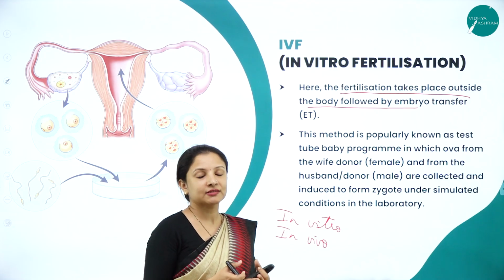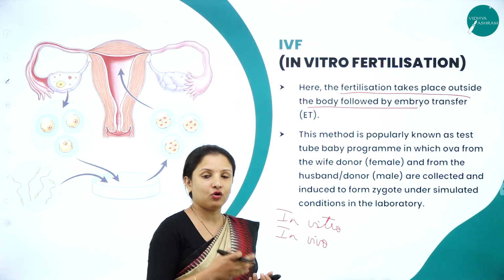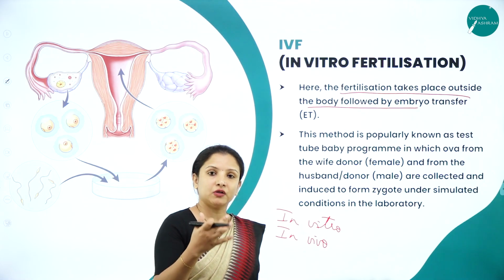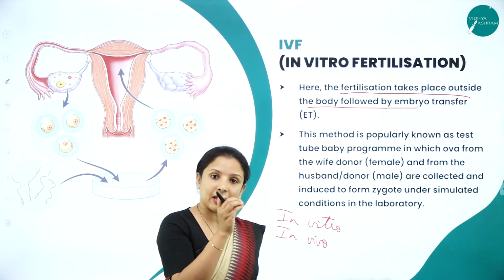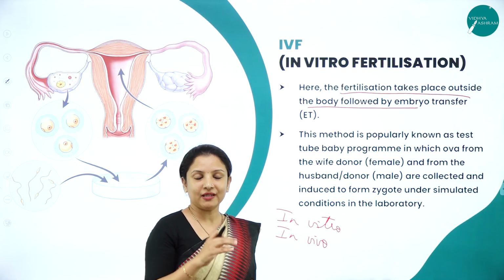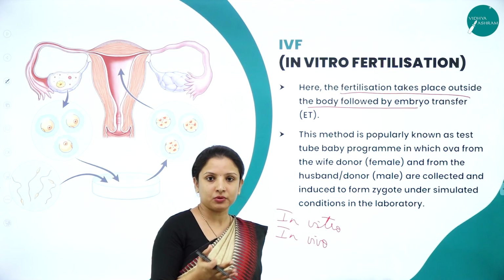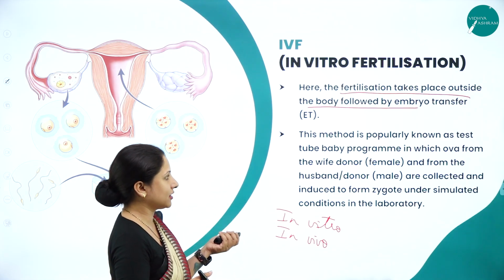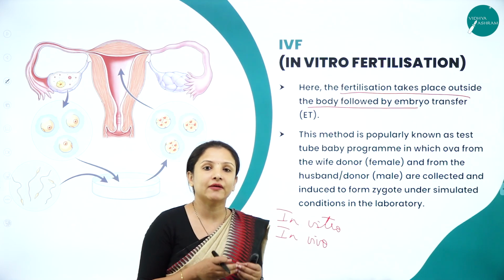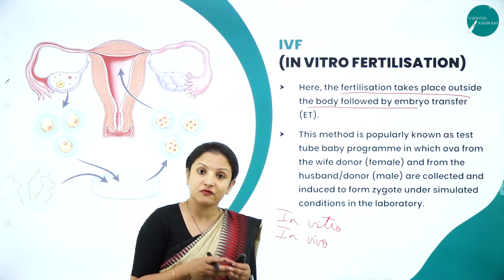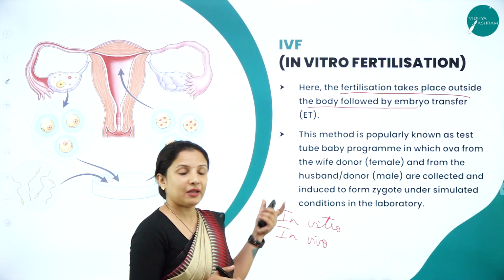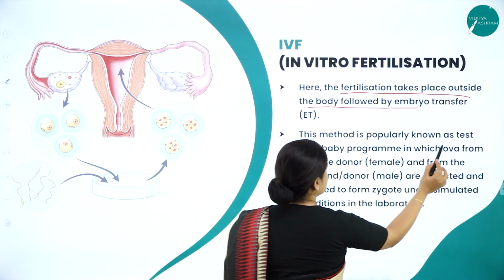Once it develops into the zygote, that zygote is inserted into the uterus of the female, and we know that the zygote will go there and embed in the endometrium wall of the uterus, and the development of the fetus will start there. So that is in vitro fertilization. Because the fertilization and the formation of the embryo take place outside the body of the mother, the babies are also called test tube babies.